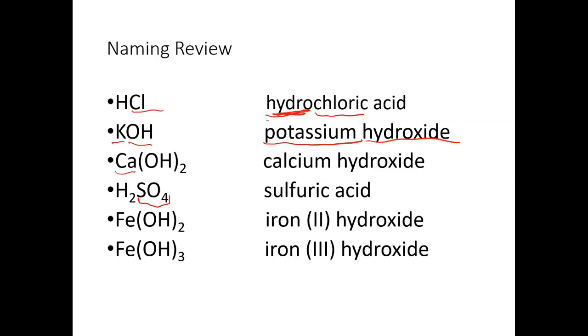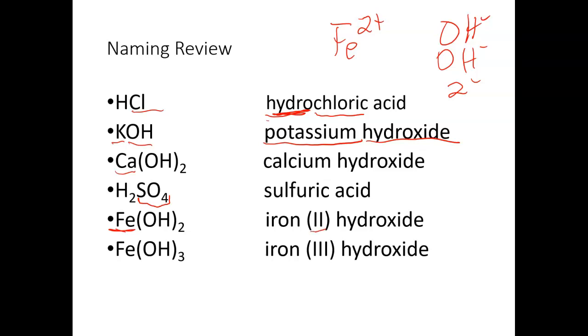The iron, this compound, we have iron and we have a hydroxide. Because this is a variable charge metal, we have to determine the charge on it based on the number of hydroxides. So hydroxide, we have OH-, and there's 2 of them. So that means we've got 2 negatives. So the iron has to have 2 positives to cancel that out.